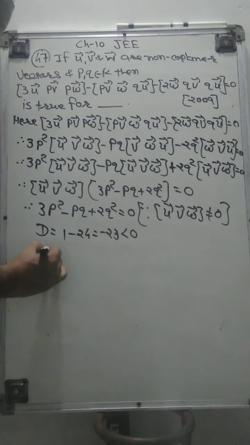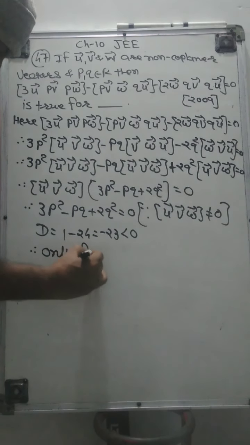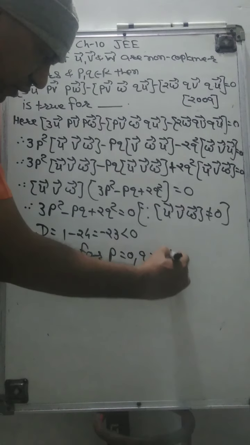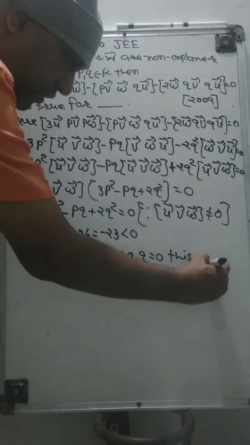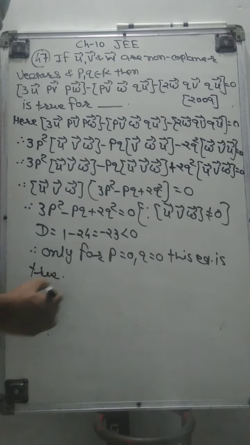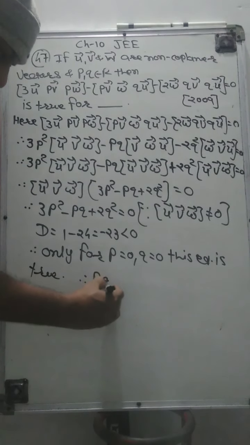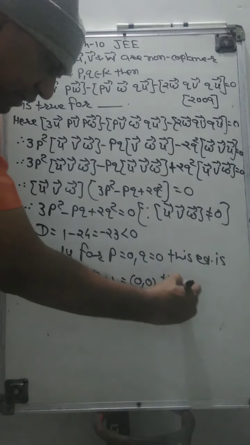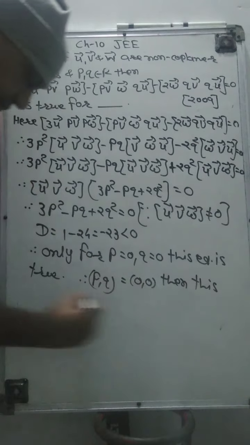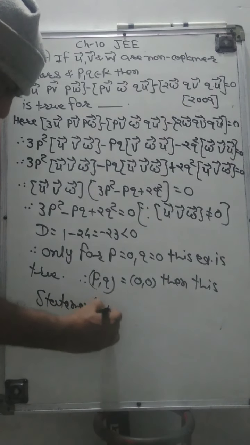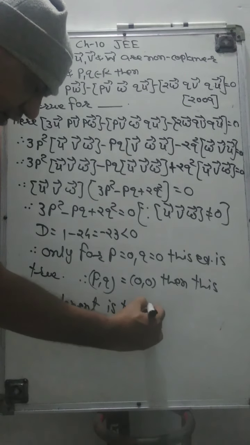Therefore only for p equal to 0, q equal to 0 is this equation true, right? Therefore for (p, q) equal to (0, 0) this statement is true, otherwise it is not.